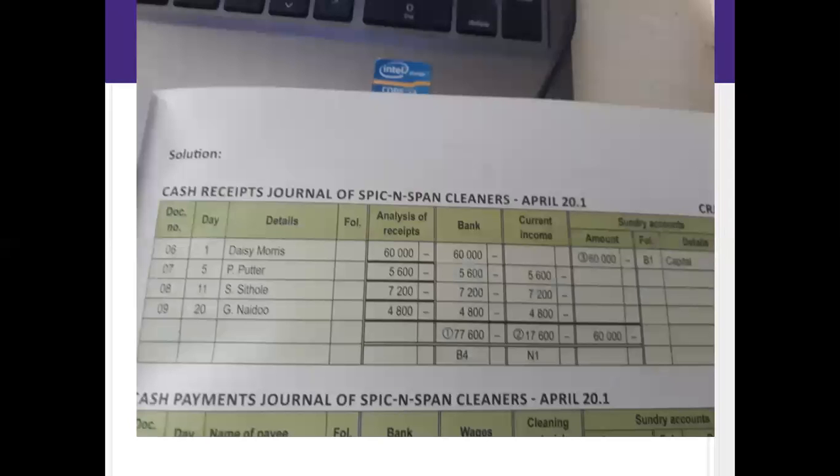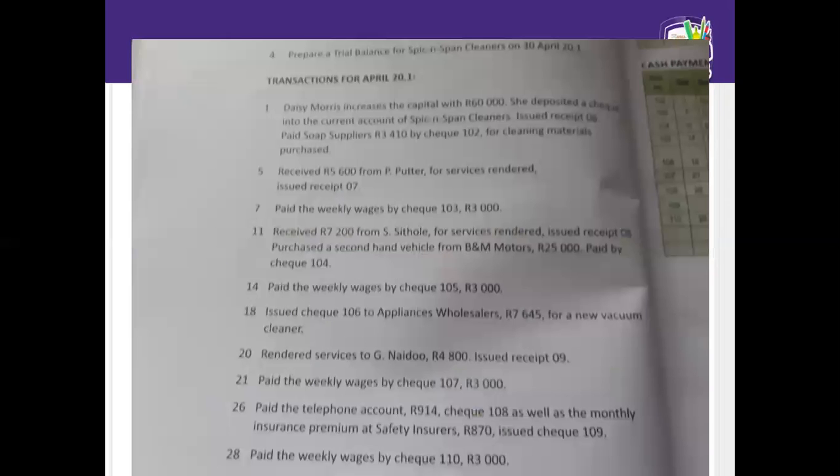So go to the CRJ, look there, there's the entry with document number, it's receipt number 6. I will actually want you always to write there R for receipt in front of the number. The day is the day on which the transaction happened, that is on the first. With details, you always write the name of the person from the transaction. Let me go back so you can see the name again. Do you see there?